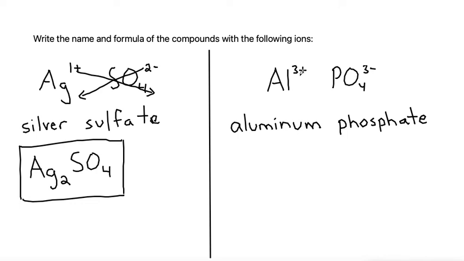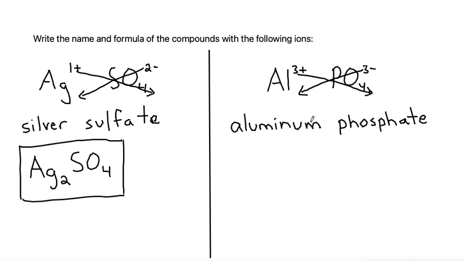And to find the formula, we can do our crisscross to have a subscript of 3 on both. But keep in mind that anytime you have the charge of each of your ions to be the same but opposite signs, that means they're going to cancel out to 0, and we don't have to put any subscripts at all.